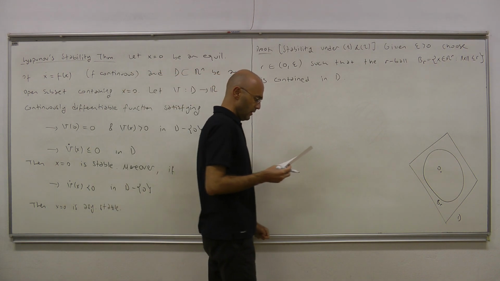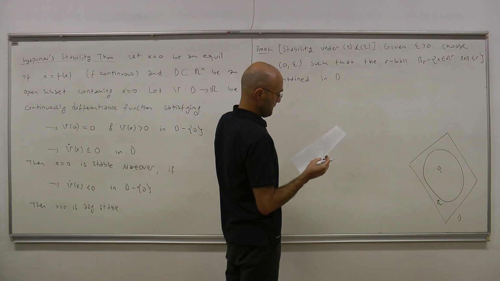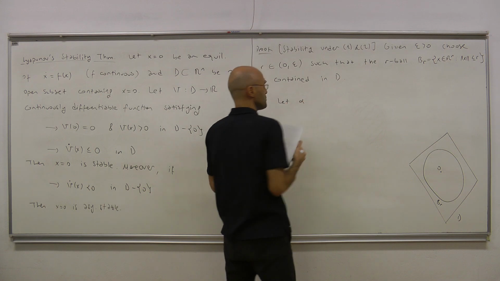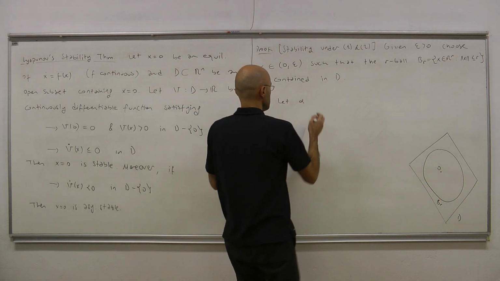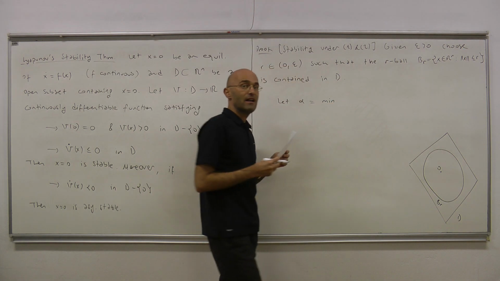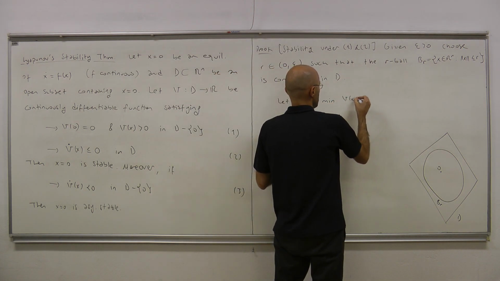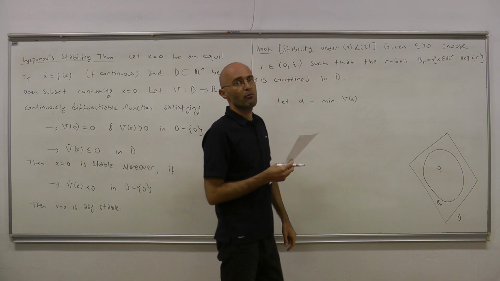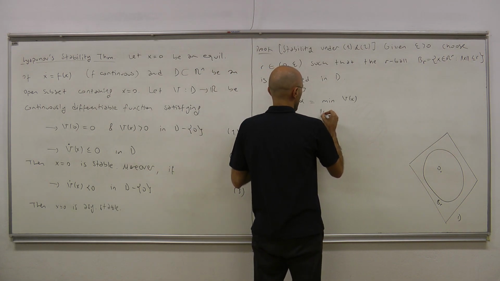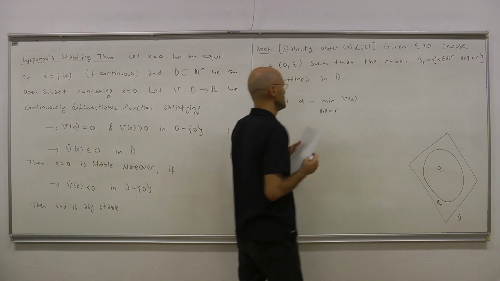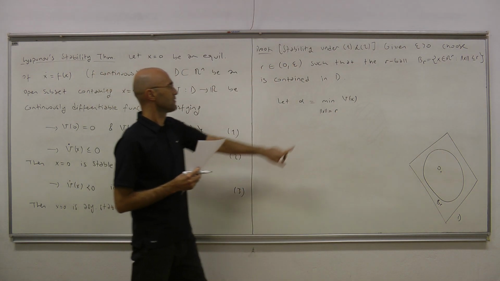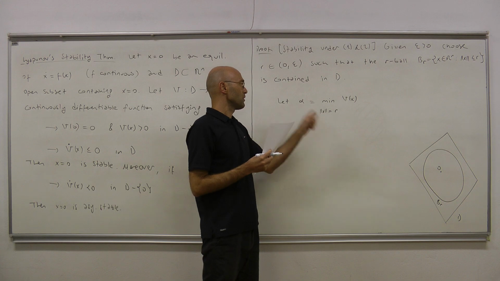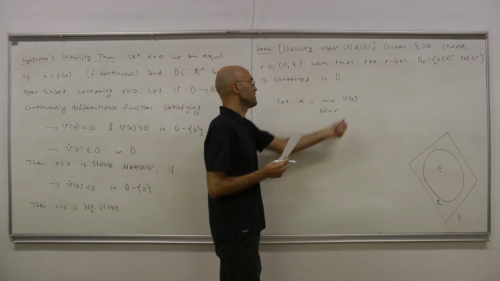So this is our B_R, contained in D. Then let us define a positive number alpha. Let alpha be the minimum value attained by V of x, where the set over which we perform the minimization is the set of points whose distance to the origin is exactly R. On the plane, this is just a circle with radius R. That circle is a closed and bounded set and V is a continuous function.